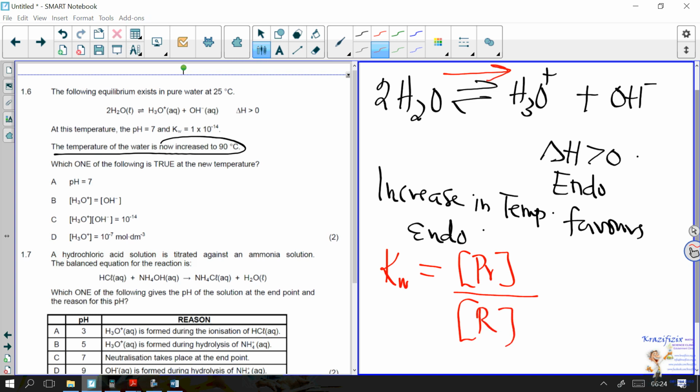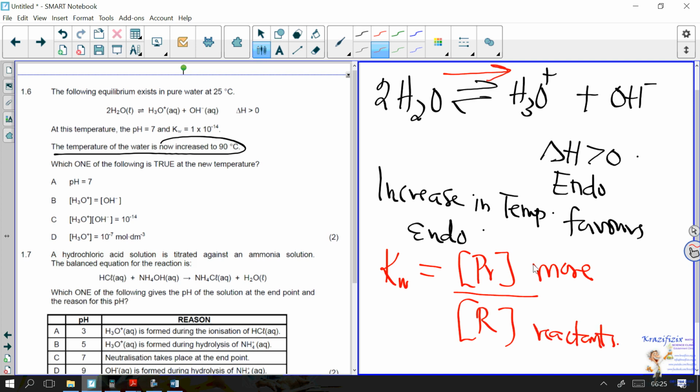We have a general way of representing our Kc, and therefore our Kw. Now if the forward reaction is favored, it means I'm going to have more products than reactants.